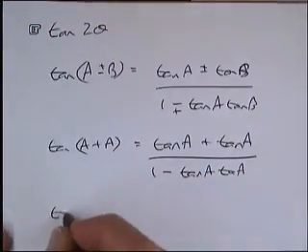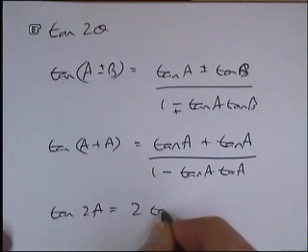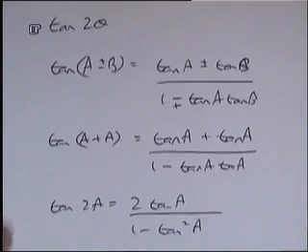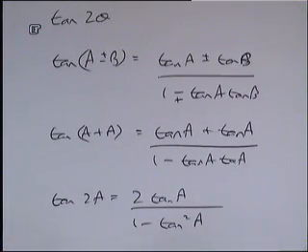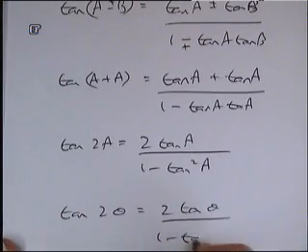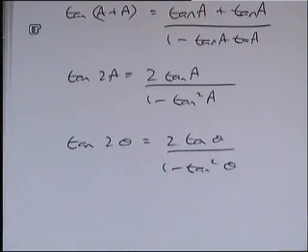So tan of 2a equals tan a plus tan a, or 2 tan a, over 1 minus tan a times tan a, tan squared a. So tan 2 theta is going to be 2 tan theta over 1 minus tan squared theta, and you get your first mark for that.